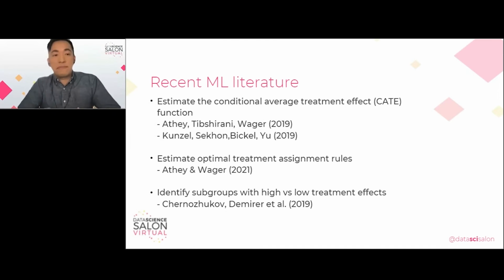The final strand of research I want to briefly touch upon is less ambitious, right? They're not trying to directly tell you what predicts what. Instead, they're not going to estimate the conditional average treatment effect function directly, but rather look for subgroups of units who would have the highest and lowest treatment effects, right?